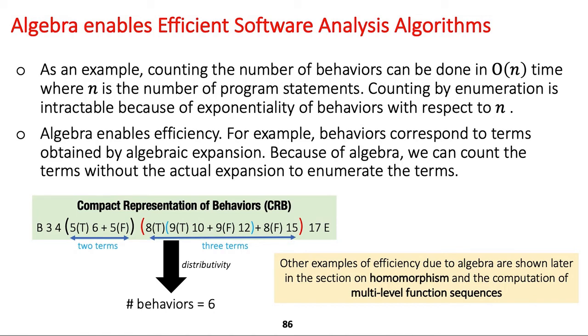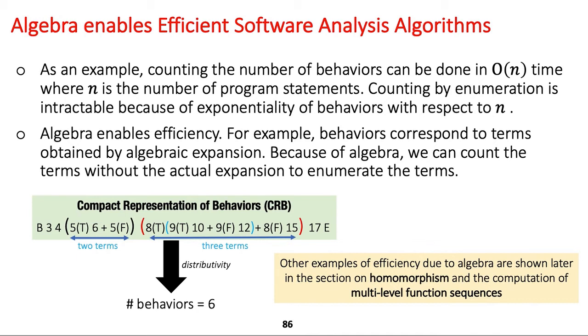So let's now summarize some benefits of the algebraic approach. The algebra enables efficient algorithms for analyzing software. So for example, if we want to count the number of behaviors, we can count it readily using the CRB. So enumerating the behaviors is intractable, but counting them using the CRB is pretty efficient.